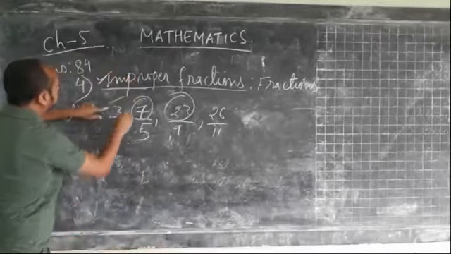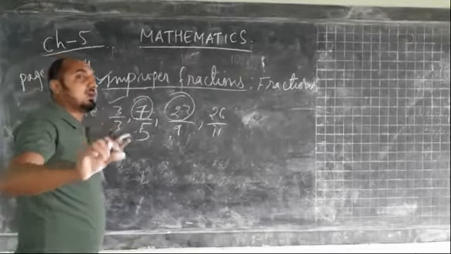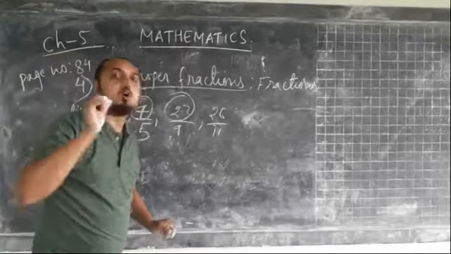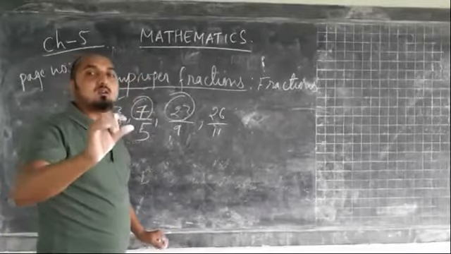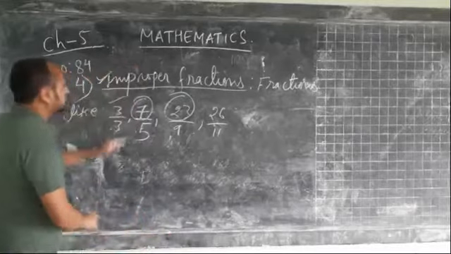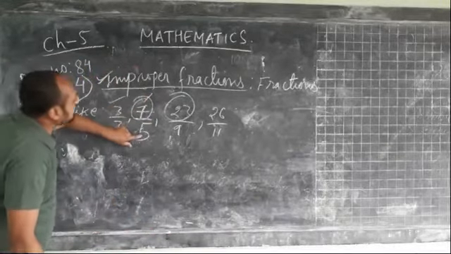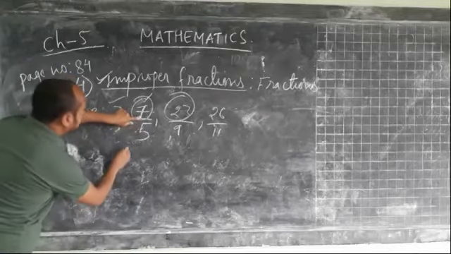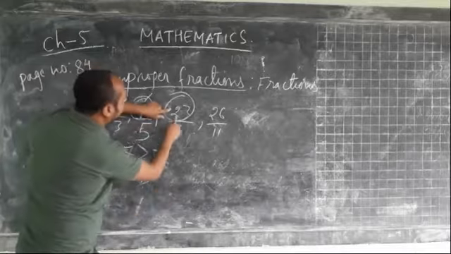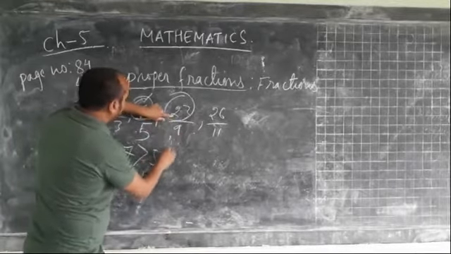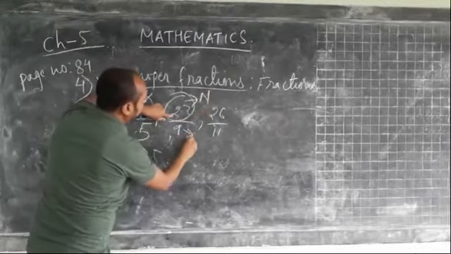So in the first example 3 by 3, either numerator and denominator will be same or the numerator value will be greater than the denominator value. In the second example this numerator is greater than denominator: 7 is greater than 5. In the third example we have 23 by 9, so 23 is our numerator and this 9 is our denominator.